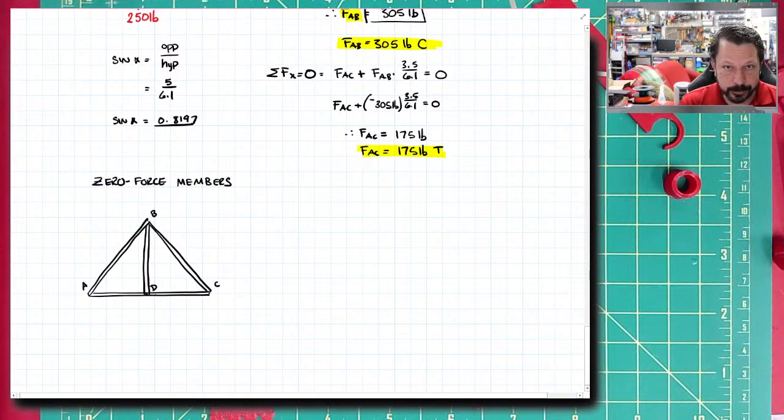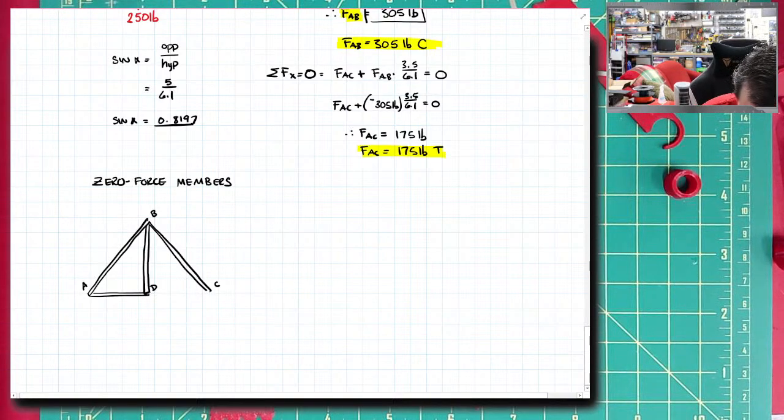Even though I drew it as one long piece, I was just being quick on my drawing. Technically, AD is one piece, and then a separate piece is DC or CD.